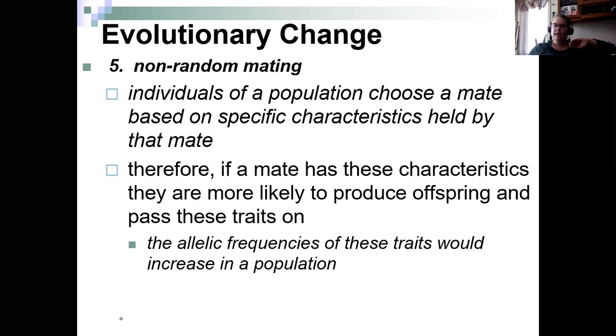Am I choosing a mate because they have a beautiful dance ritual or their dance ritual sort of sucks, right? So that's what I'm looking at. If a mate has traits or characteristics that make it so that they're more likely to breed, then that's going to be an advantage. We're going to see that more often. And that's where we get the peacock with the big long tail.